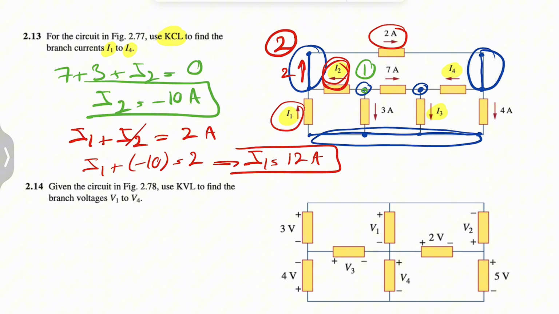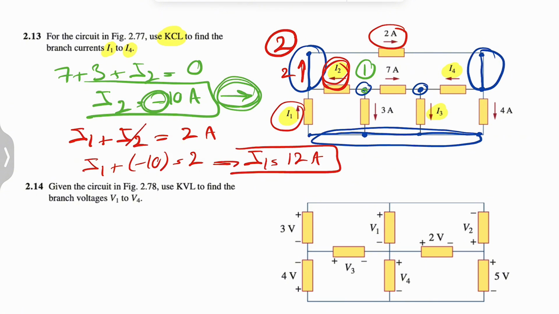Or, based on the previous step, the negative sign shows that the direction of I2 is actually to the right. So we can consider this direction in the next step, but once you do, you have to put the positive value. Up to you.